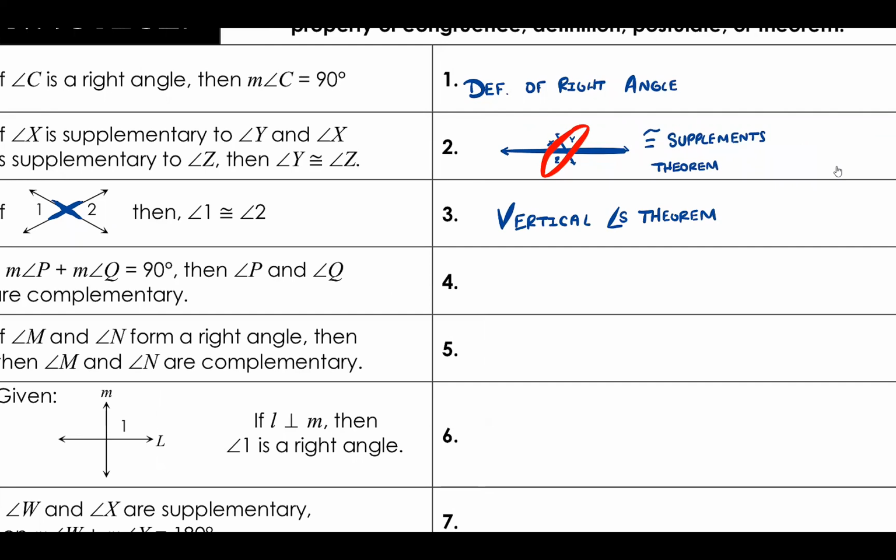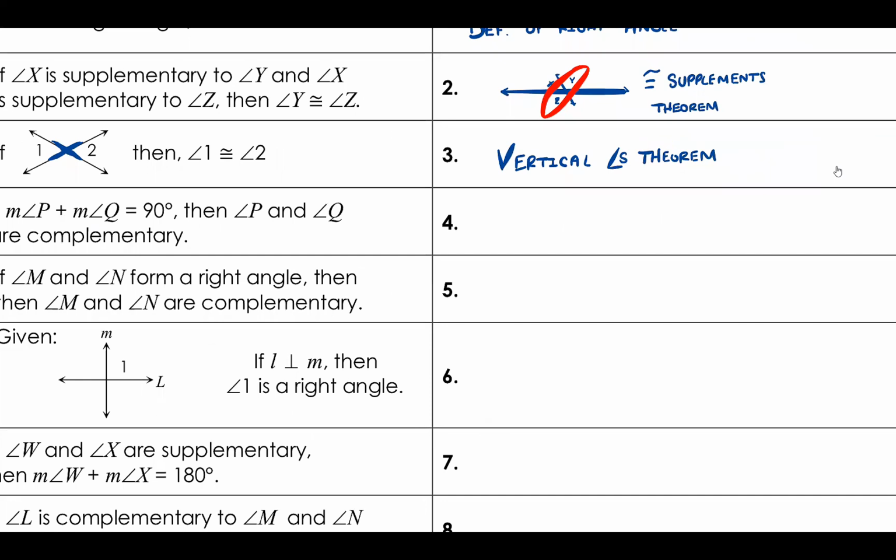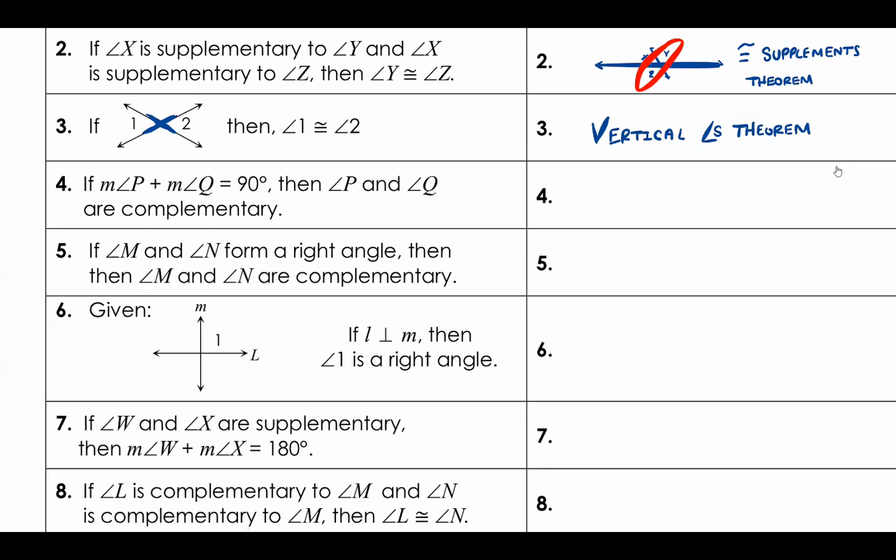If P plus Q equals 90, then P and Q are complementary. Ethan? Yeah, it is the one you were talking about. Which one were you talking about? Definition of complementary angles. Yep. Absolutely.